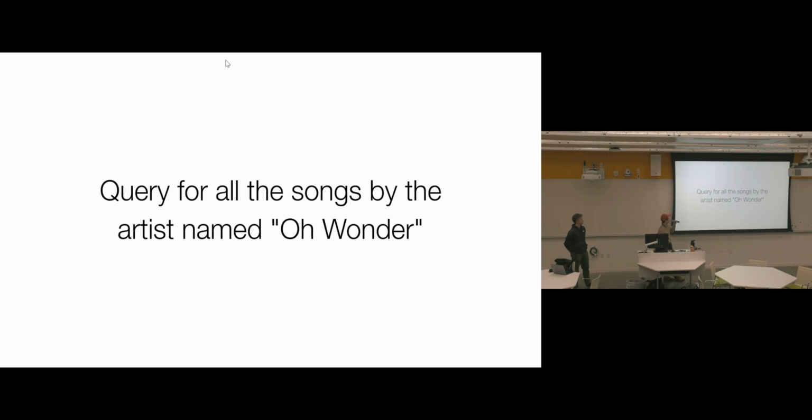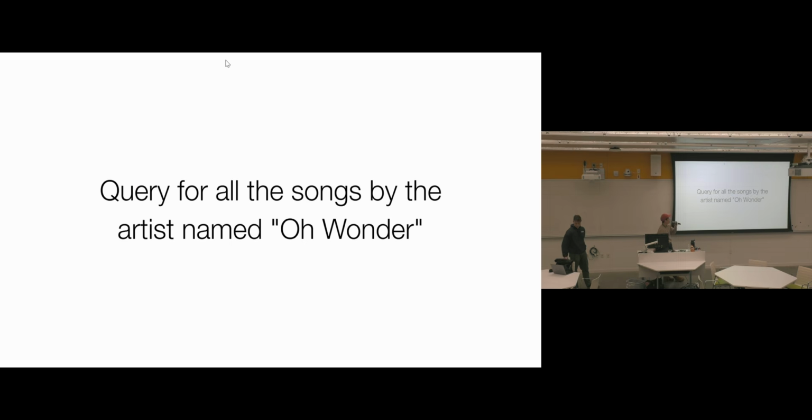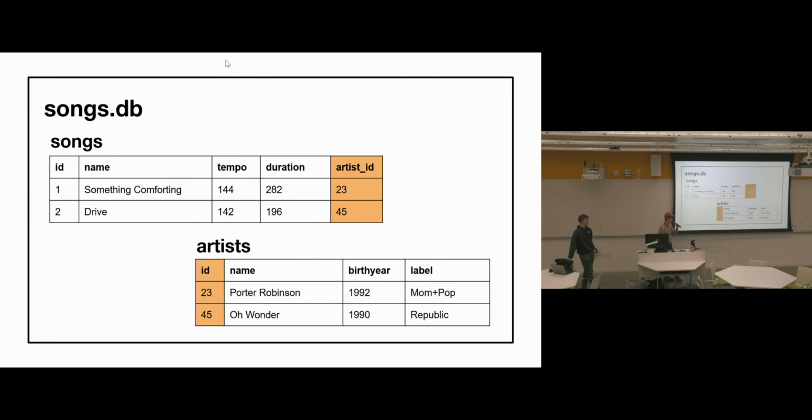Okay, so suppose we have this database with the songs and artist table. And our job is to query for all the songs by the artist named Oh Wonder. Okay. So intuitively, what is the right answer actually? So we're looking for all the songs that are written by Oh Wonder.